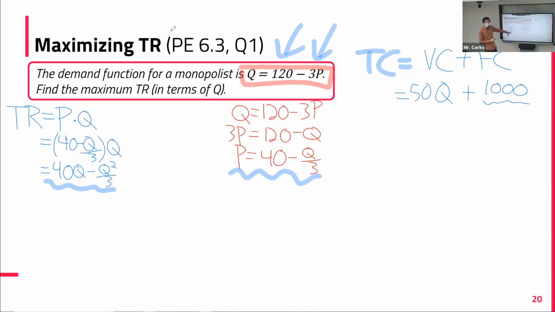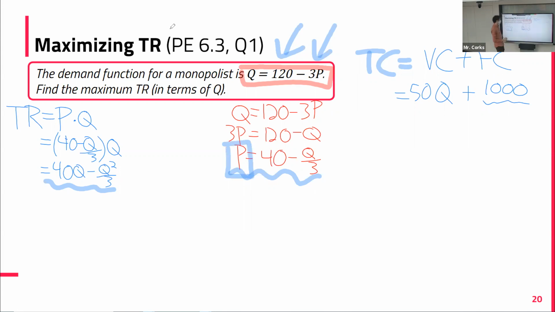Isn't that what we did? Solve which one in terms of P? The demand function? That's what we did. It's solved in terms of P. It is, yeah, so P equals whatever.